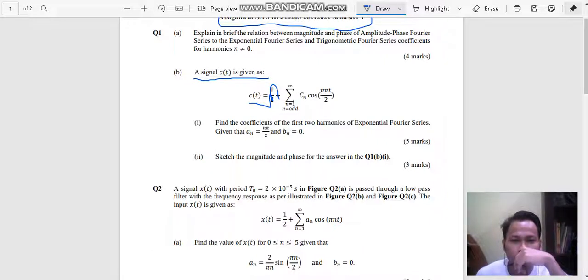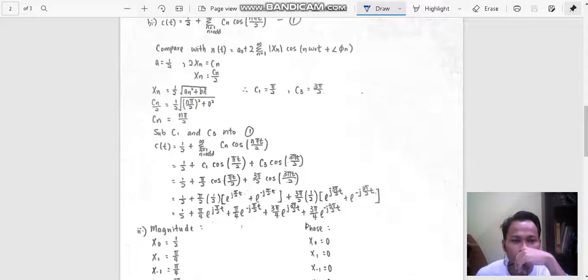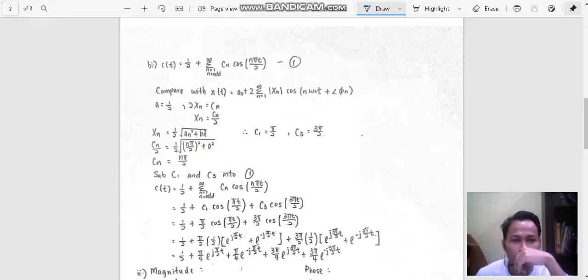The question asks us to find the coefficients of the first two harmonics of the exponential Fourier series, where an equals n pi over 2 and bn equals 0. So this is the calculation for question B1.